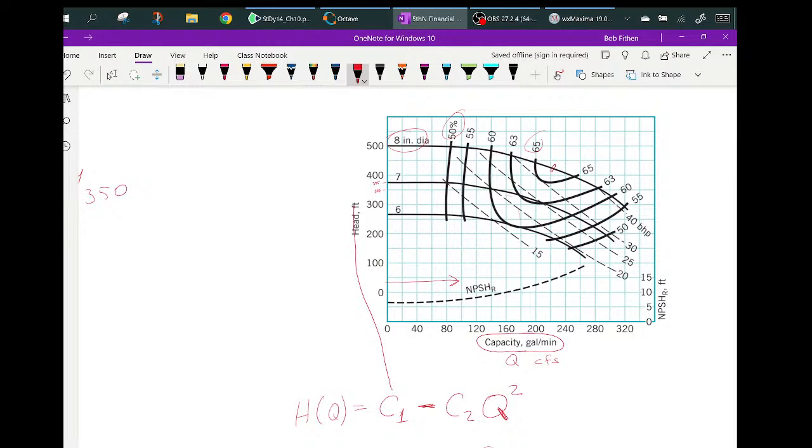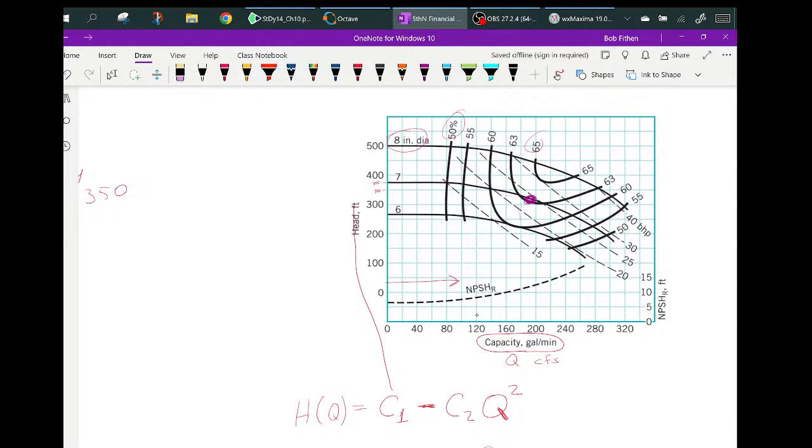If I were to draw the best efficiency for these pumps, it would be along that curve. If you want to operate the 7-inch pump, you operate it right there. If you want to operate the 6-inch pump, operate it right there. That's going to be your best point.